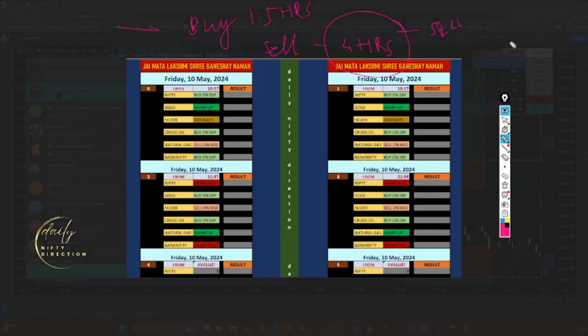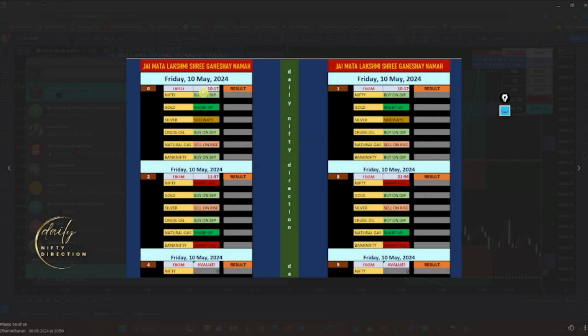So your direction for the day is decided by the major part of the trading session, and this is provided way in advance, even 1 day, 2 days, or a month in advance. So now you have understood how to see the direction.